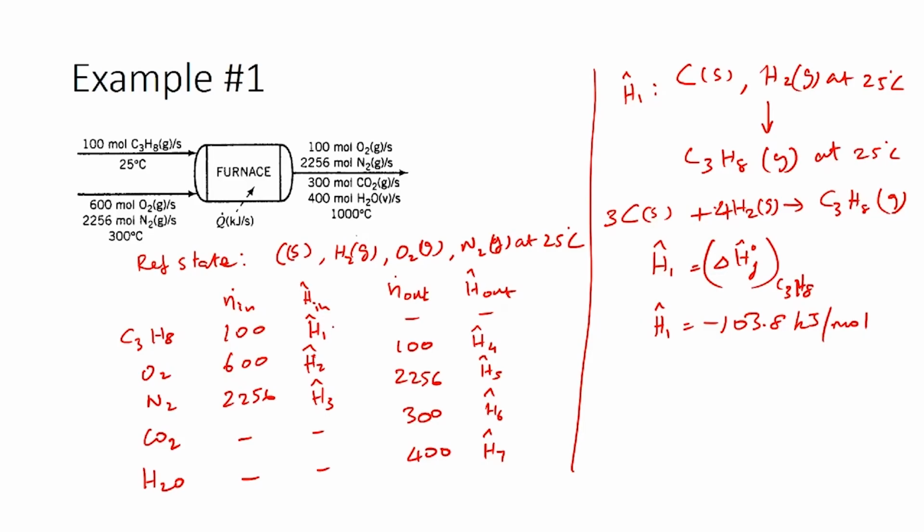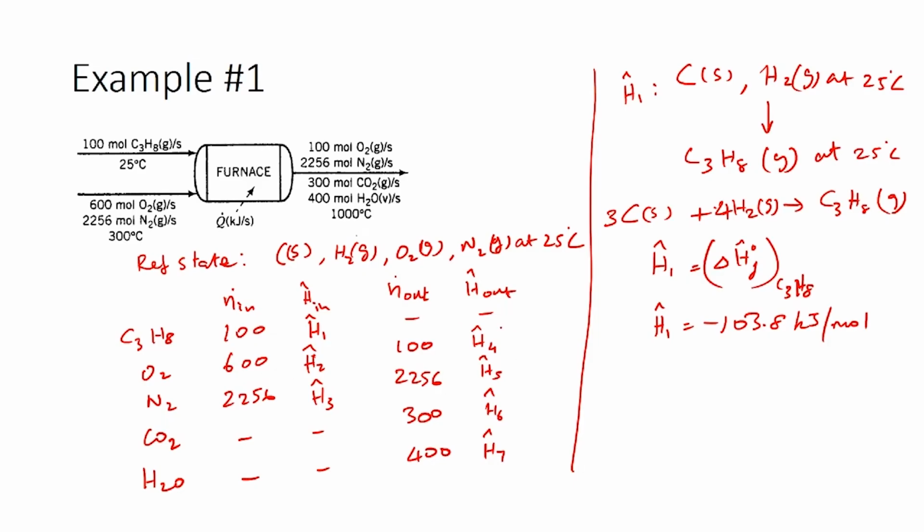Now, we need to identify similar values for H2 cap, H3 cap, H4, H5, H6 and H7 cap. If you look at H2, H3, H4 and H5, you are talking about elements, right. So, it is nitrogen and oxygen in their elemental forms. This is being heated from 25 degrees Celsius at reference state to 300 degrees Celsius in the inlet condition and 1000 degrees Celsius in the outlet condition.